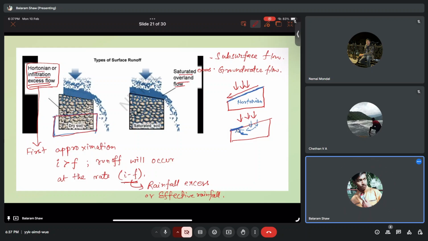Okay, I hope this is clear. Okay, so next we have also studied about the subsurface flow, and then we have studied about the outflow and all. So in subsurface flow, okay. So before going to the subsurface flow and all, we'll see some of the questions, right? Okay.